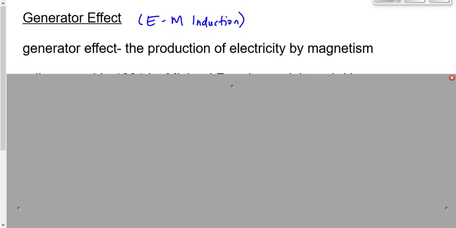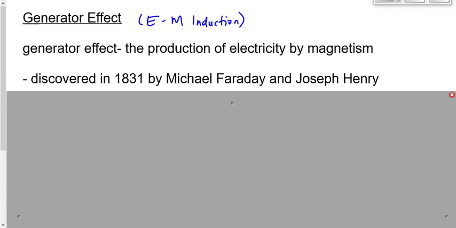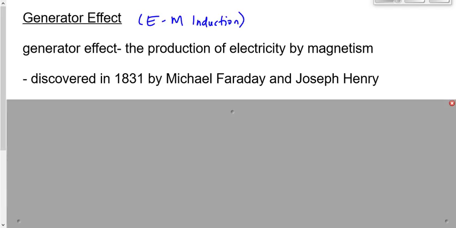Same thing. A discovery that was made in 1831 by two guys independently of one another: Michael Faraday, who was British, and Joseph Henry, who was an American, both independently on two different continents, around the same time, discovered that if electricity generates magnetism, magnetism will also generate electricity.